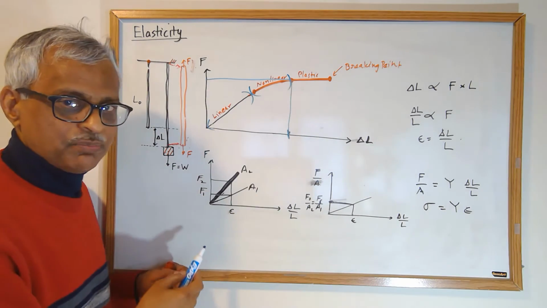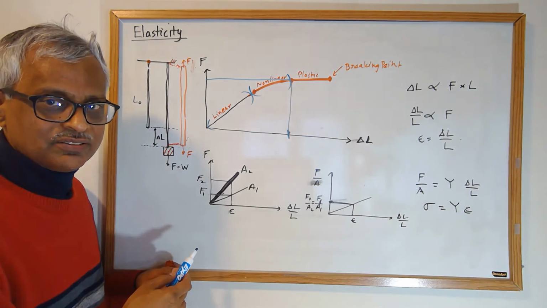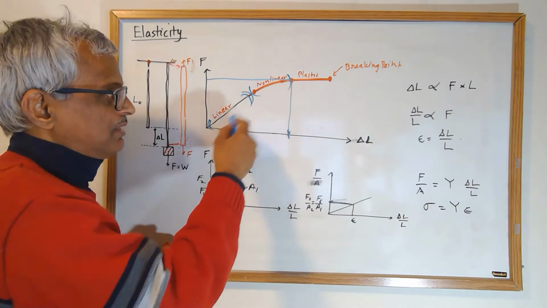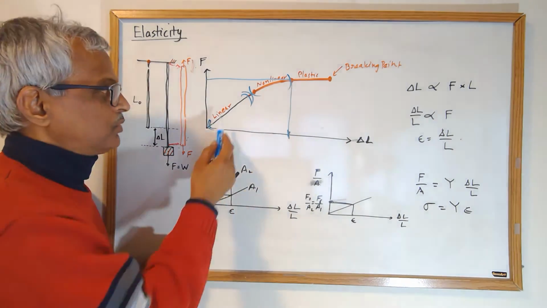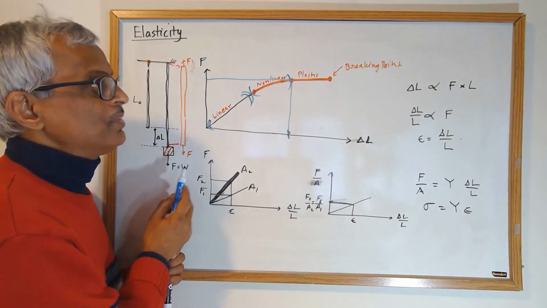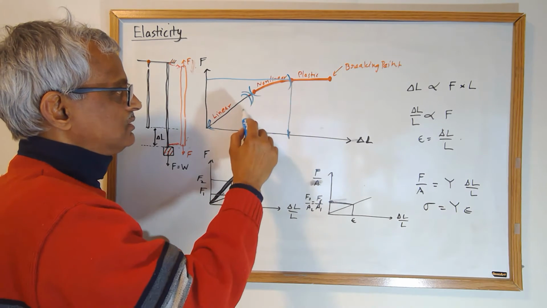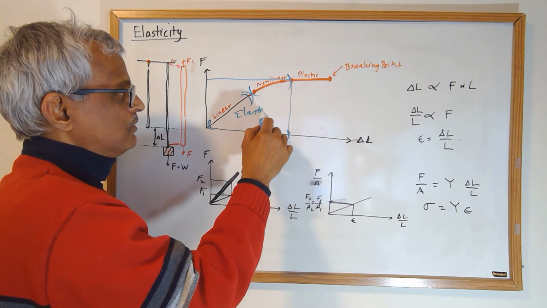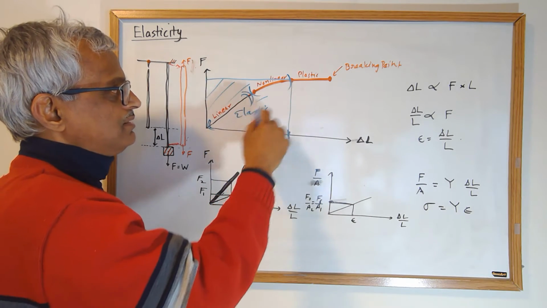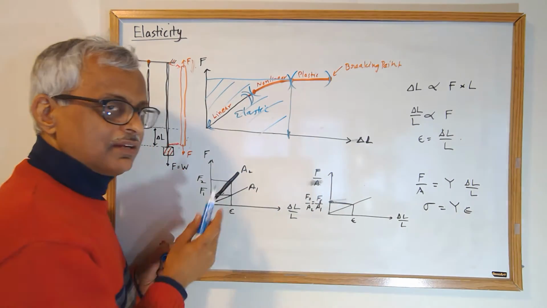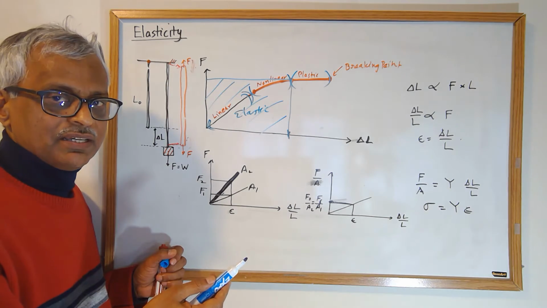I have to actually do the experiment to figure out what the nonlinear relationship is. But here, it's linear, and I can well characterize it with the slope of this line. And over here, it comes back. So this is all elastic. We say this region is the elastic region. Over here, when I go beyond, it actually deforms permanently.